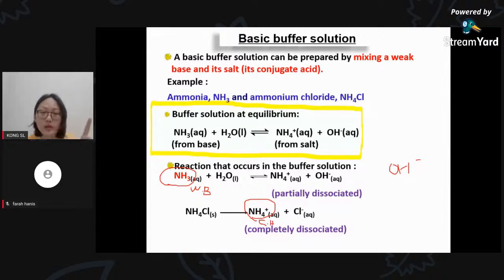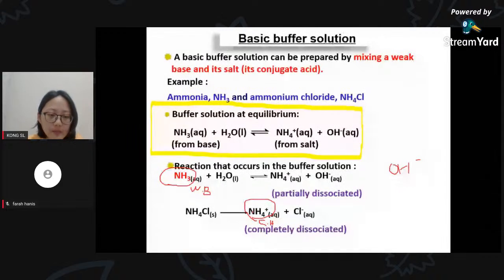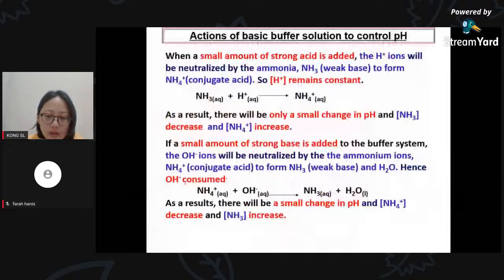So the first question: when strong base is added, will it react with the weak base or the conjugate acid? The answer definitely is the conjugate acid, because this is a neutralization: acid reacts with base. So when strong base is added, it will react with the conjugate acid. This is the equation you need to answer the question.